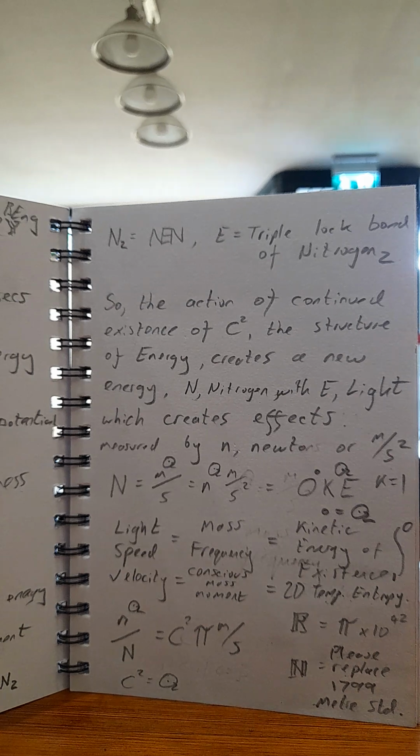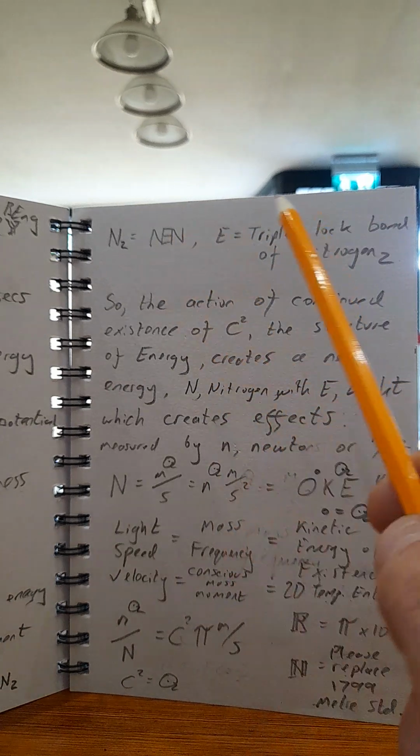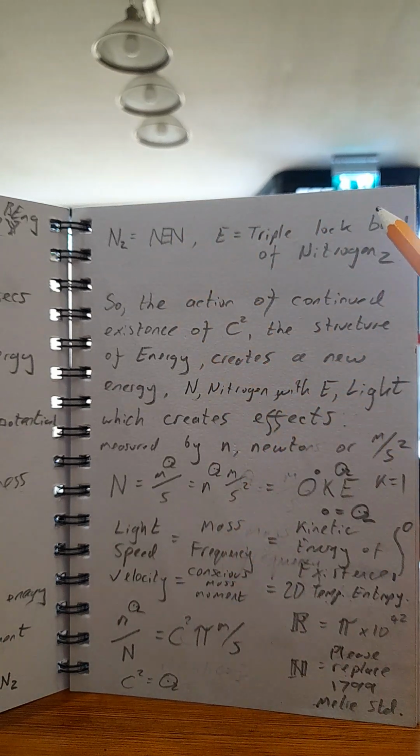And so what we're describing here in that first page was temperature moving in nitrogen between the two bodies, between 0 temperature and 1 temperature, when there's only two bodies. And they're joined by a triple lock bond of nitrogen, N2.